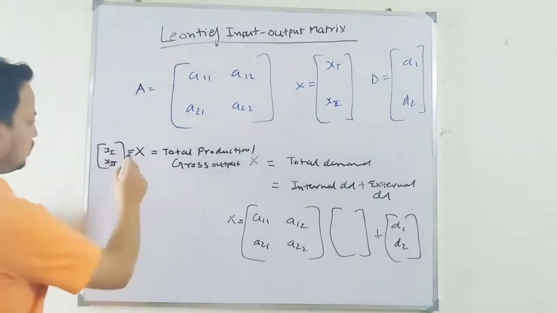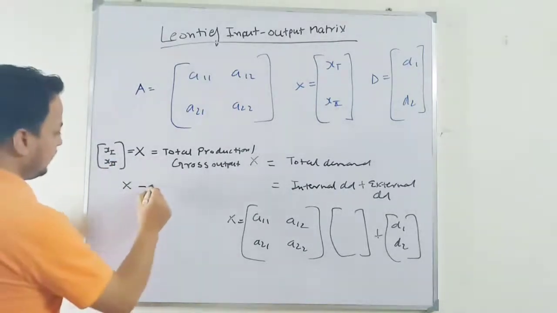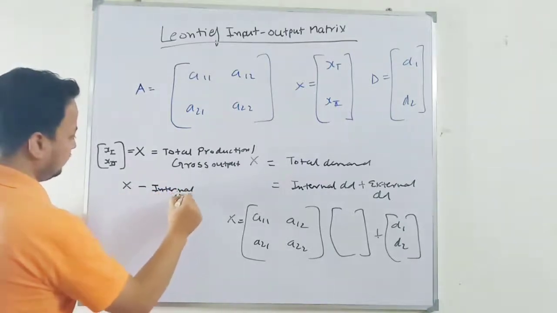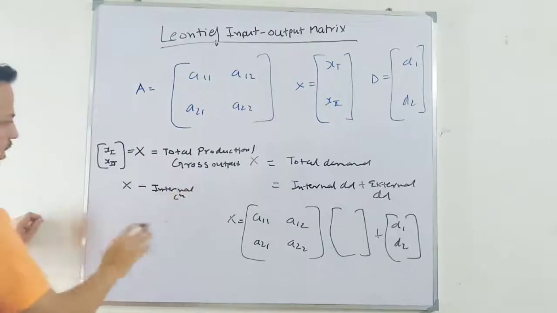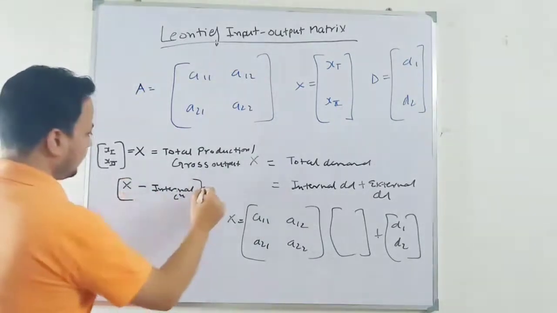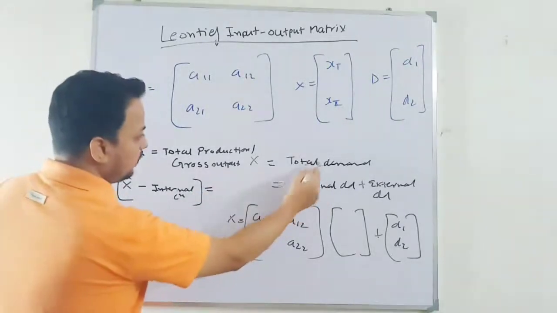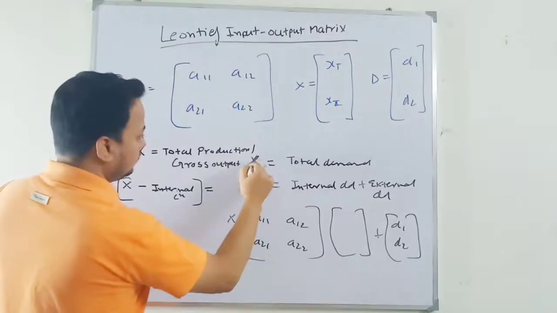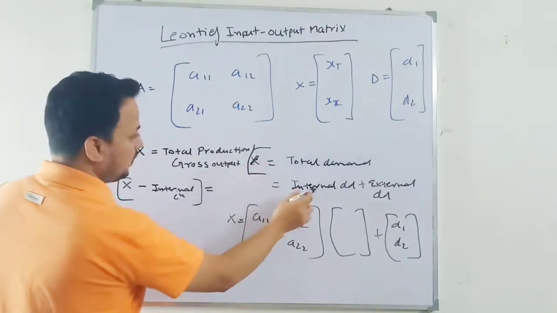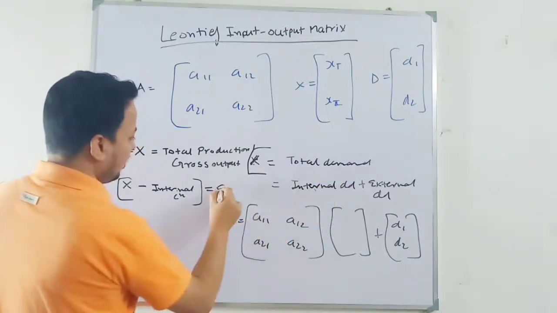Okay, so from total production, when you subtract internal consumption, I will give you the formula now for how we can take out internal consumption. When from total production, equal to total demand, you subtract internal demand or internal consumption, you will have external demand.